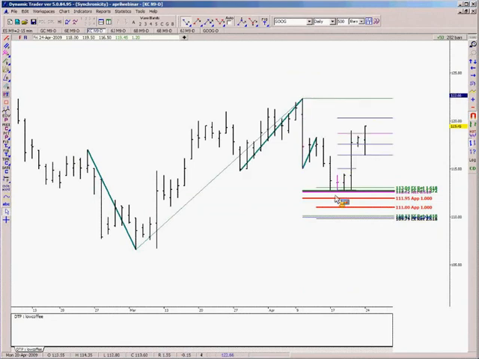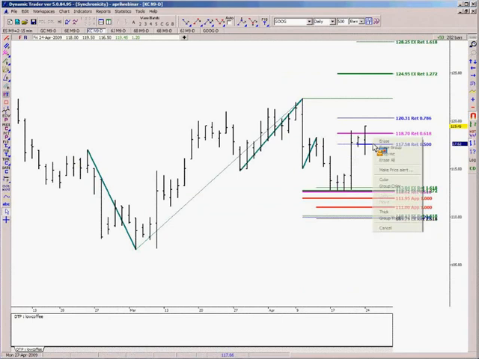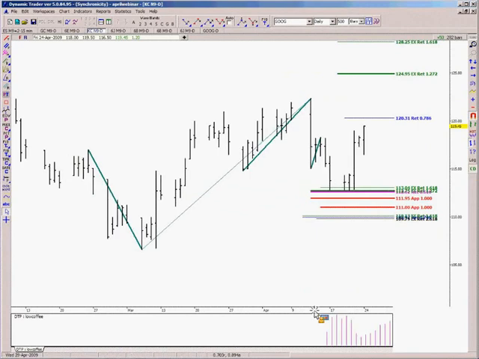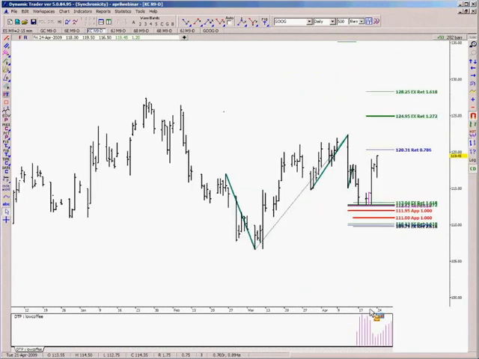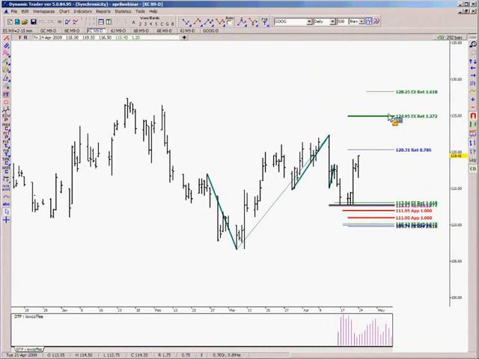So I'm going to measure the high to the low, and the 1272 target comes in at 124.95. So if you get the full move off of this time and price low, because we know we had timing there, as you can see by this histogram, then we should look for a target of 124.95.